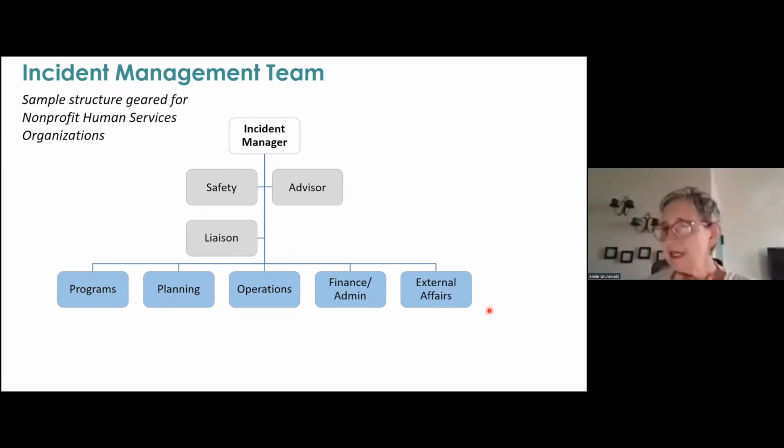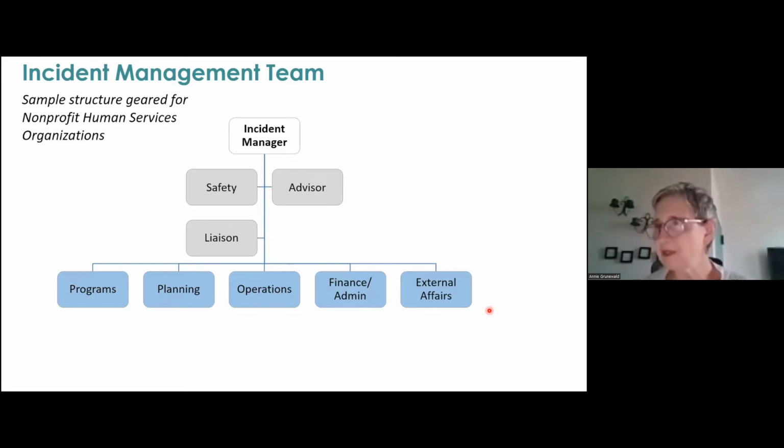So what's different here is that the disaster environment creates a lot of safety issues, right? So this says we need to have someone who is constantly looking at safety. That is the priority, while other people are deciding, let's cancel this program, let's move this program over here.